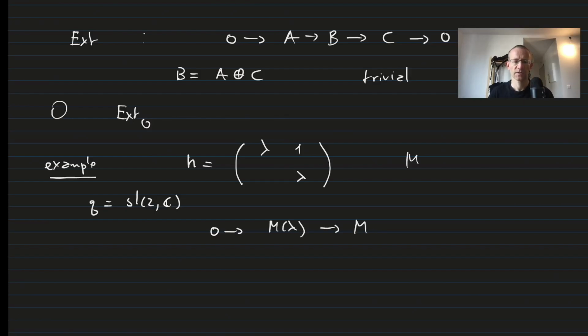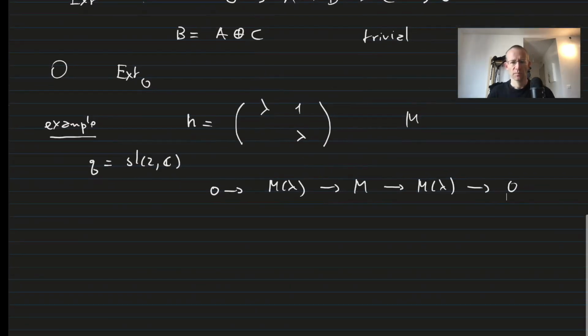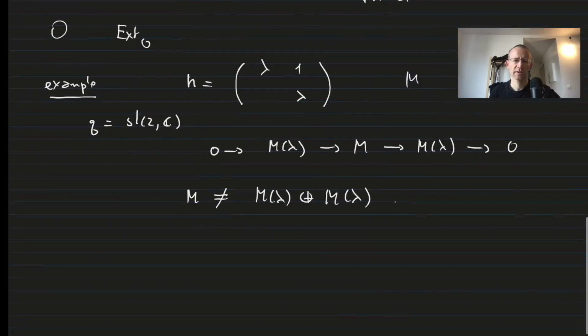So M is the highest weight representation with these two highest weight states, and we have the short exact sequence like this, where M lambda is inside M, but in fact, M clearly is not equal to M lambda plus M lambda. Therefore, the sequence is not split.